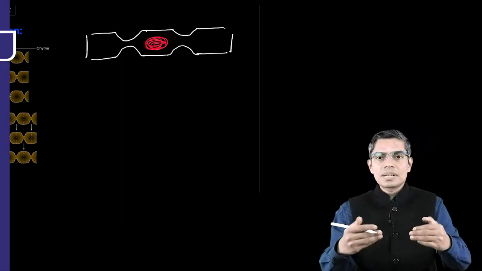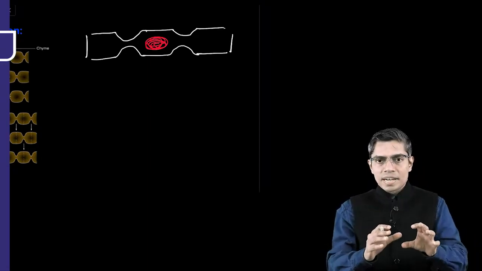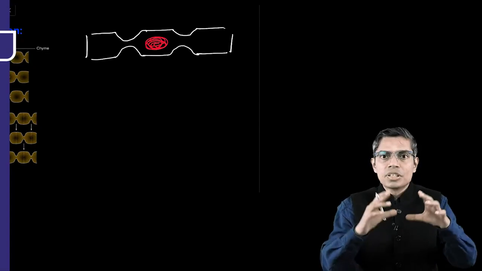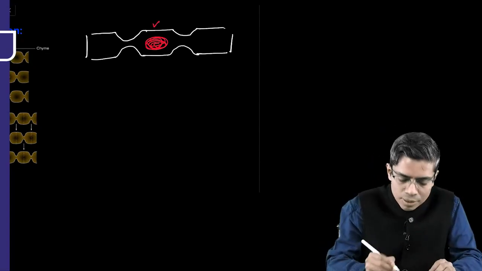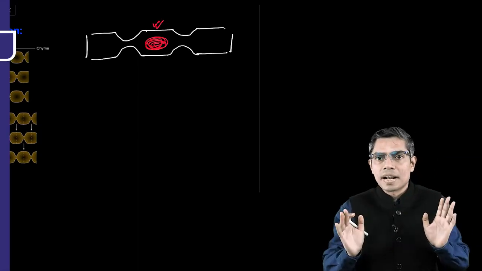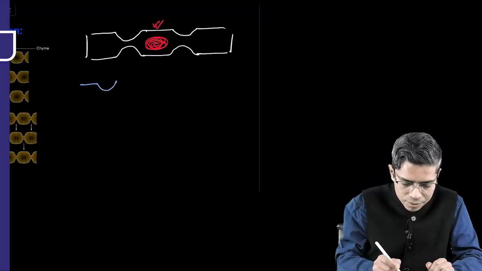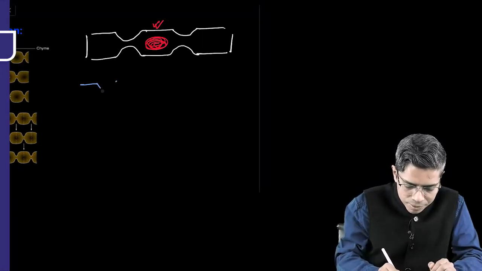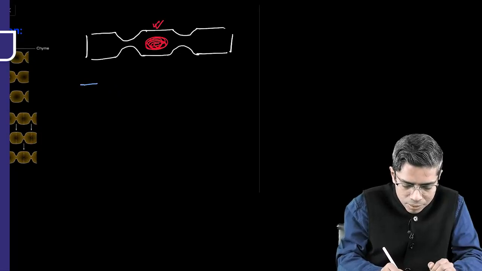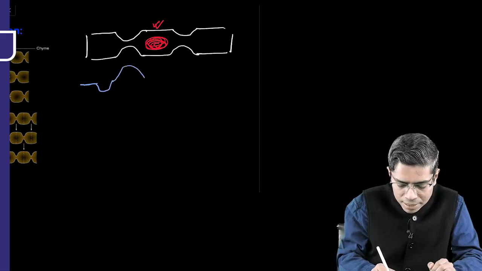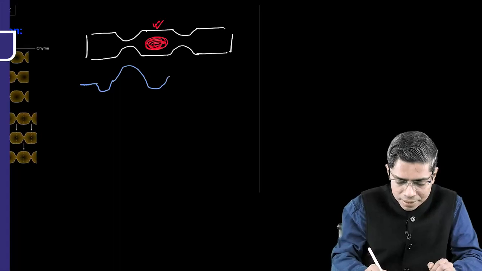After a certain point of time, the area where the contractile rings were present is going to be dilated, and the area where there was dilatation is going to be contracted. So now the contractile ring will appear here, this part will dilate, and again the contractile ring will appear here, right?